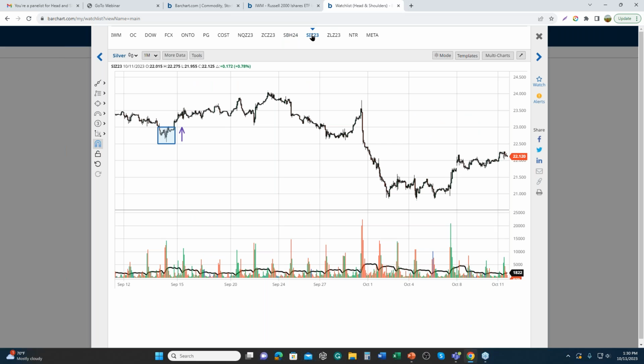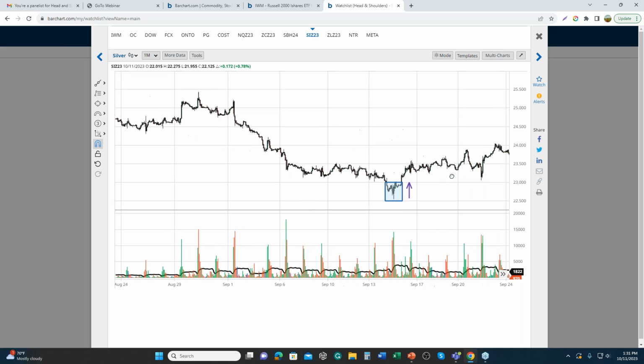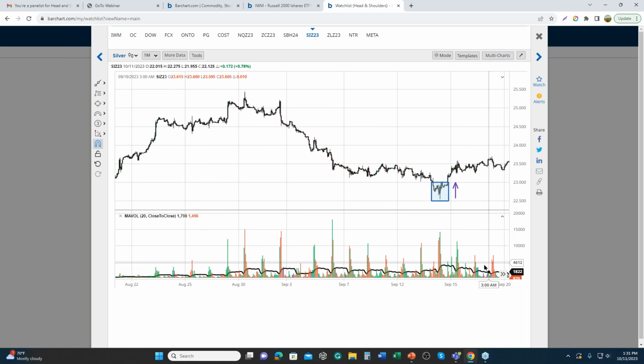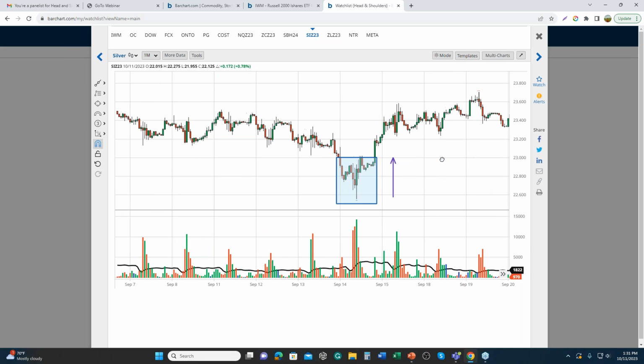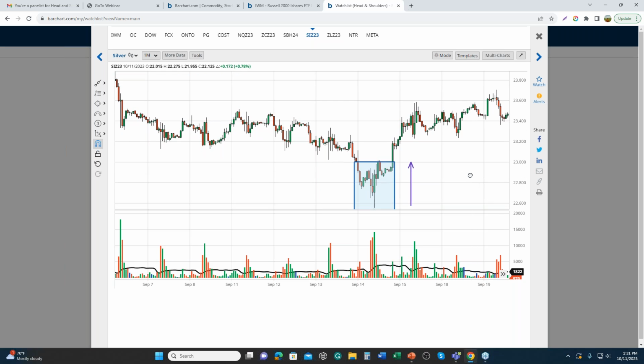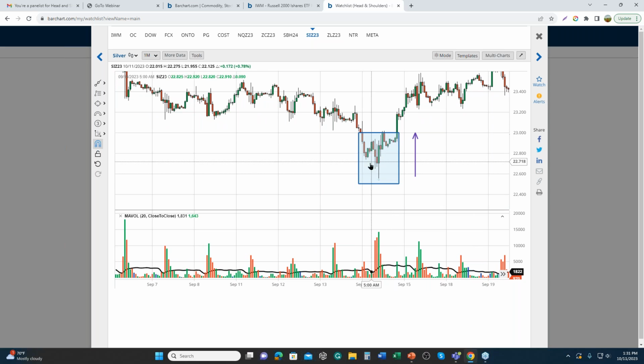Okay, silver. Here's that example of a wider price action and a little bit more volatile price action. Here's a little variation as well, a rising head and shoulders. But if we think about this, this transition from downtrend to uptrend would be more in line with what we would see with a bottoming action.